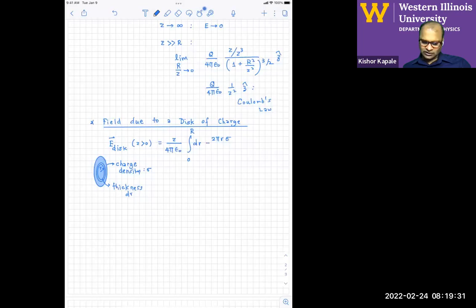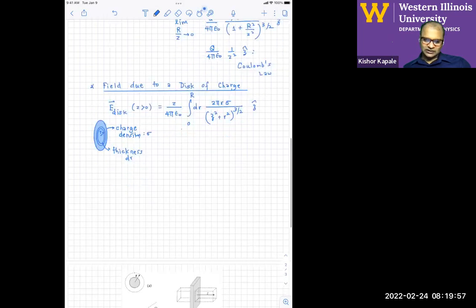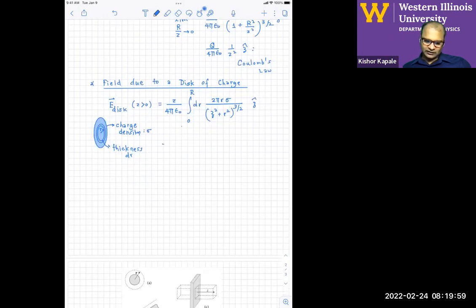So that's the total charge, divided by z squared plus r squared raised to 3 halves. The capital R that we had for a given ring, we have now turned into little r, with the additional dr to make it an integration variable, and then r can vary from 0 to capital R. Again, this integral is also straightforward and trivial.